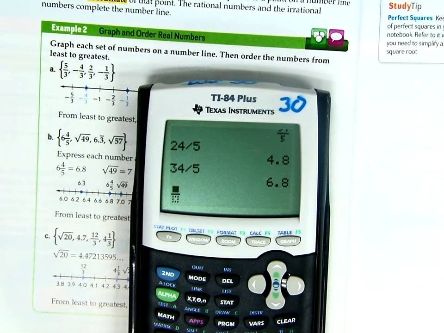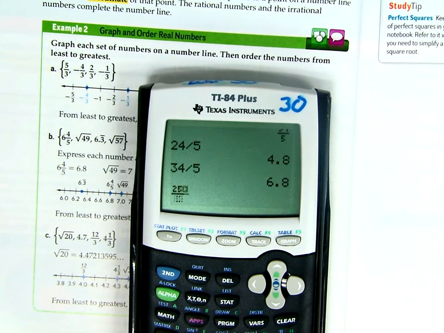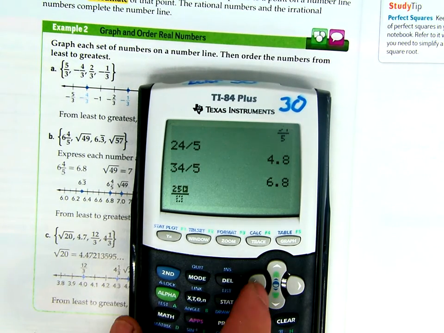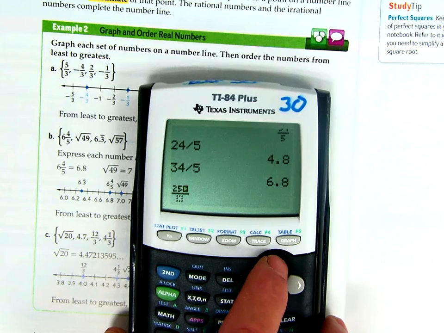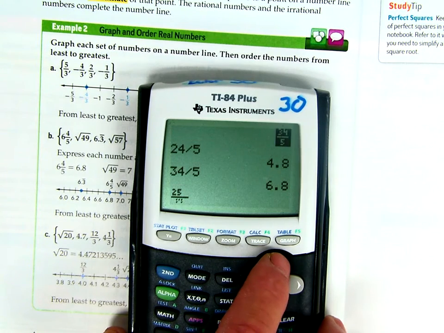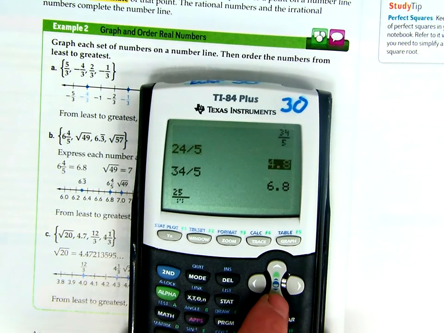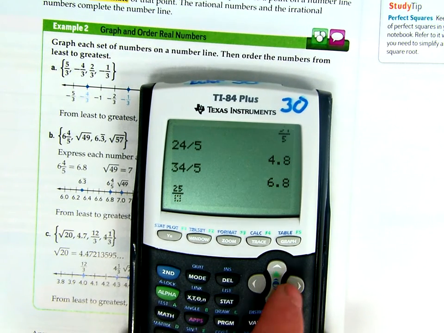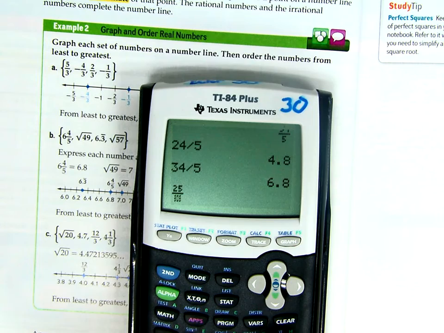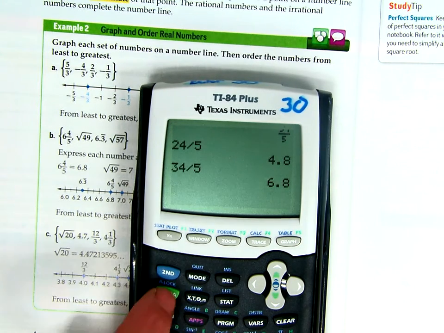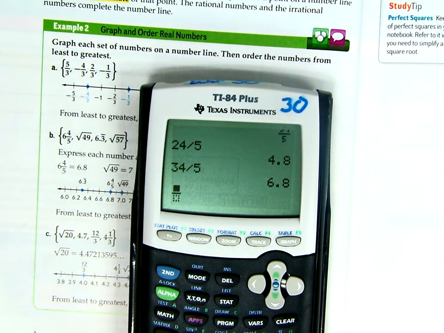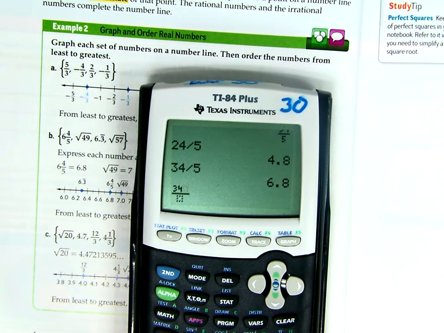So we had, was it 36 over 5? Is that what it was? 34 over 5? Okay. So here's my fraction, 34, and on the bottom, 5.